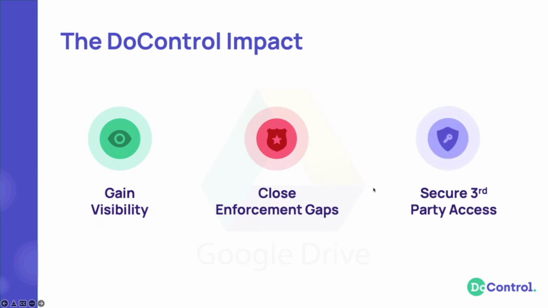The third thing is securing third-party access. So Google Drive does not have the ability to enforce the prevention of sharing documents on a shared drive from an approved third party to, say, additional vendors, i.e. a fourth party.